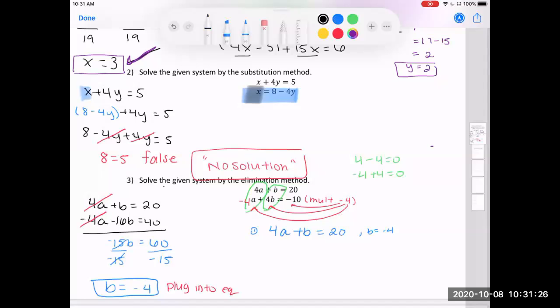So let's go ahead and work that out. So I have 4a plus negative 4 equals 20. All right, plus 4, 4a is equal to 24. Divided by 4, a is 6. Okay, now remember, you want to answer as a point, a comma b. So our answer is 6 comma negative 4.